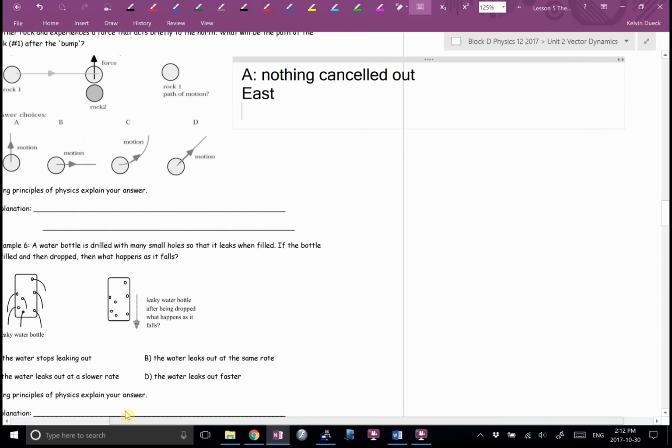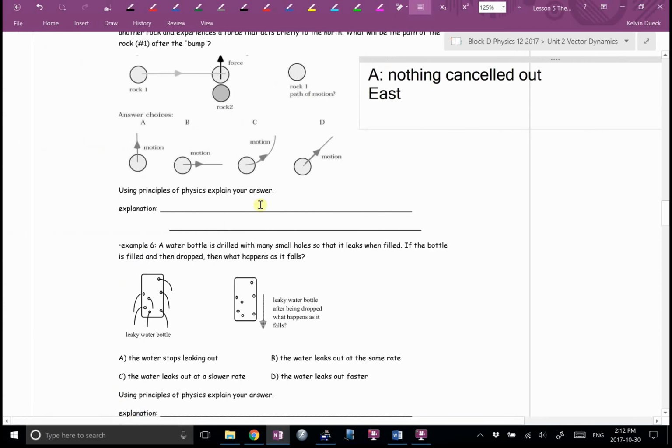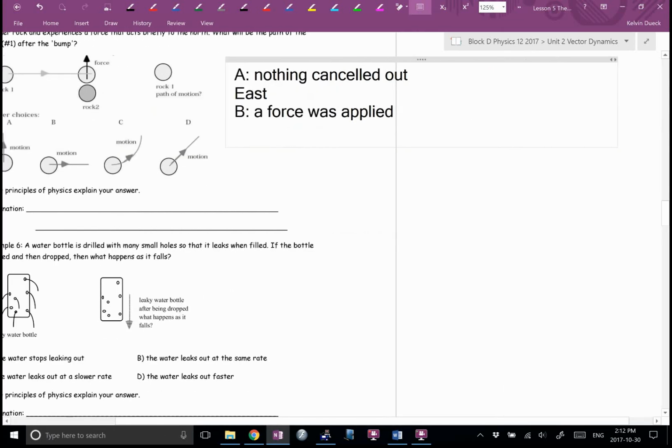Why must B be wrong? A force was applied north, so it must accelerate north, at least for a split second.